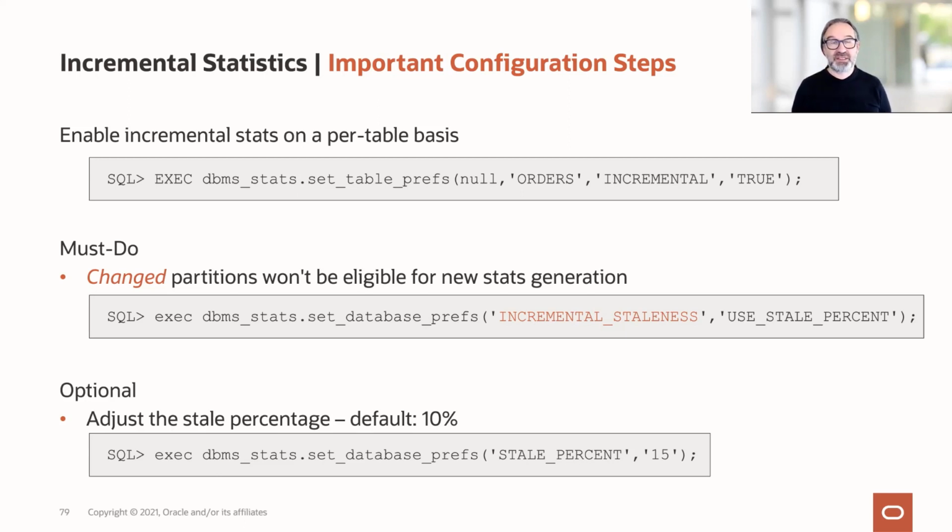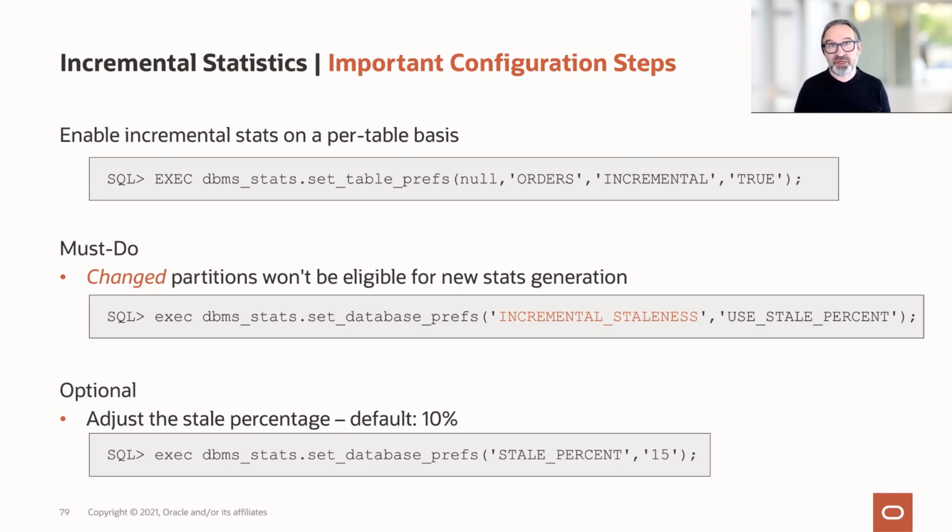So that stats need to be recollected or regathered. With incremental staleness, by default 10%, this existing previous partition could change more than 10% with DML and still will be considered as okay.